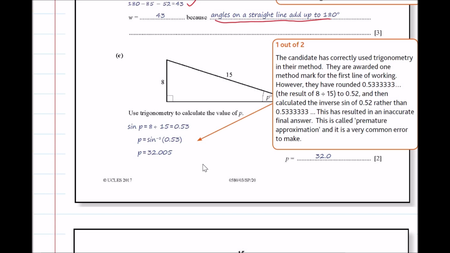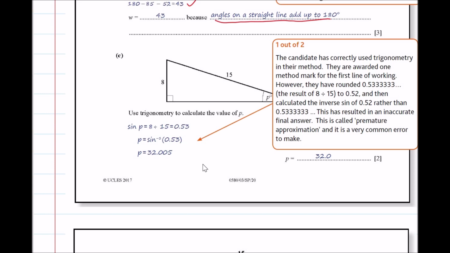Okay. Next. In this, what he did: sine p equals 8 divided by 15 equals 0.53. The candidate has correctly used trigonometry in their method. They are awarded 1 method mark for the first line of working.